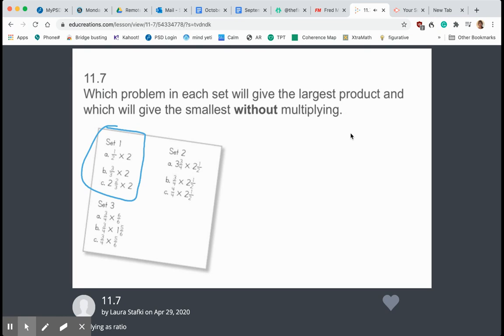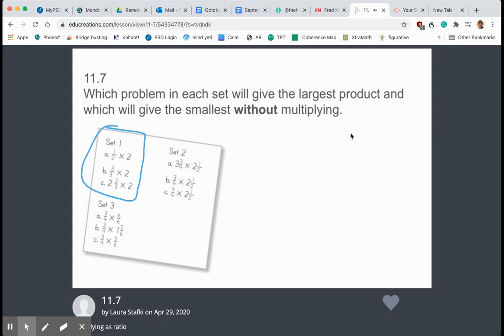Okay, welcome back. If you said C will give you the biggest answer, you're right. In C, you're multiplying a whole number and a fraction times a whole number. I can just look at that and know 2 times 2 is 4, and that's going to be bigger than A and B. Go ahead and pause and see if you can figure out which one's the smallest in set 1.